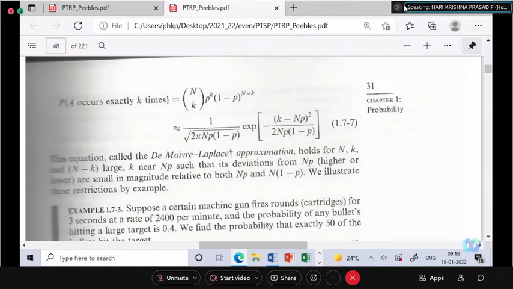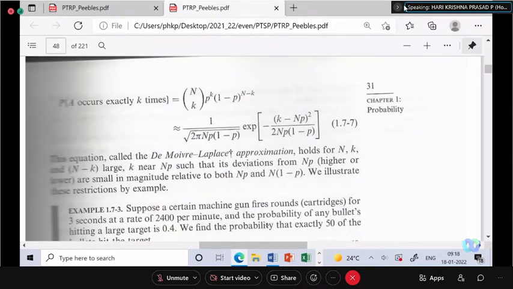When you see the terms, you see the first ratio 1 by square root of 2 pi np into (1 minus p). What is capital N? Number of times the experiment is repeated. What is small p? Probability of the desired event. 1 minus p is probability of the other event. So in the denominator, we need to have the product of 2 pi n p and (1 minus p). That is how we should remember.